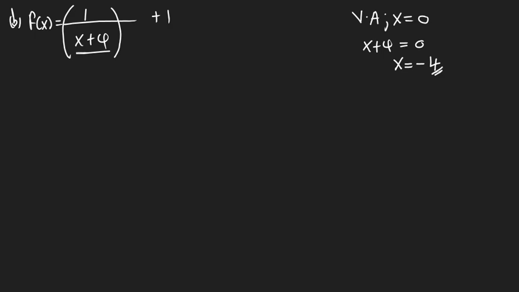So because it is 0, we say 0 plus 1, and we get a 1 there. So we can therefore say that our horizontal asymptote is going to be y equals 1. The 1 is going to be shifting the graph by 1 upward.